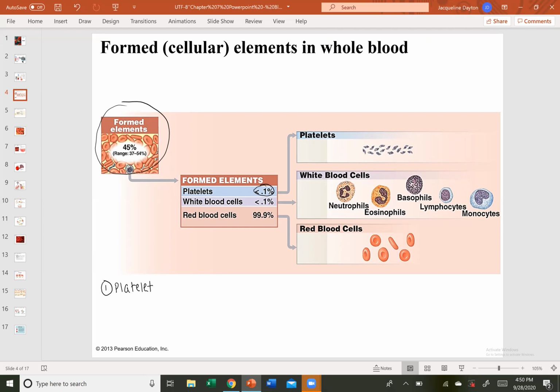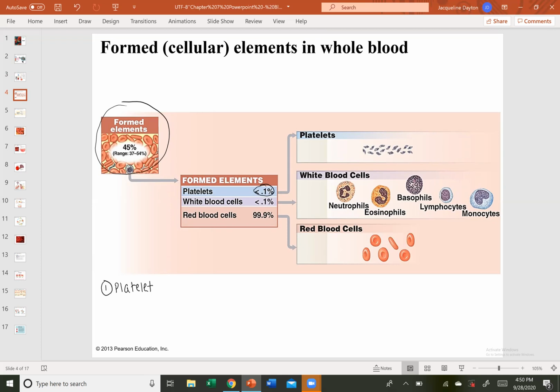Now, when I'm saying a formed element, I'm referring to anything that's considered a cellular fragment or a whole cell inside of the blood. It is basically anything that is not considered blood plasma, okay? So anything floating inside of the blood plasma that looks and acts like a cell is considered a formed element, aka a cellular element, okay?